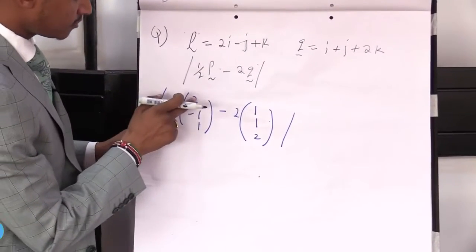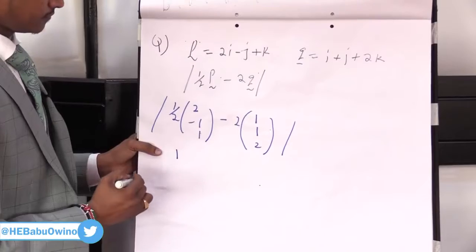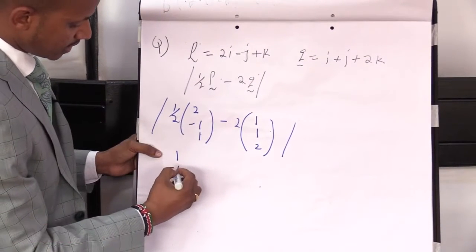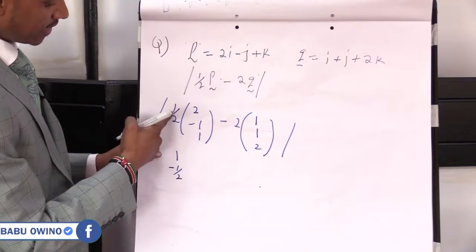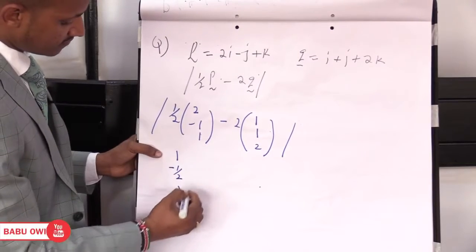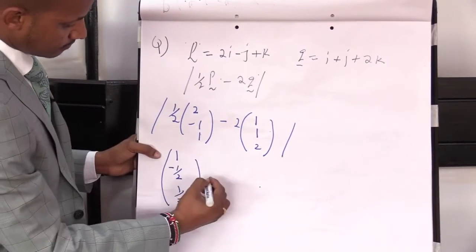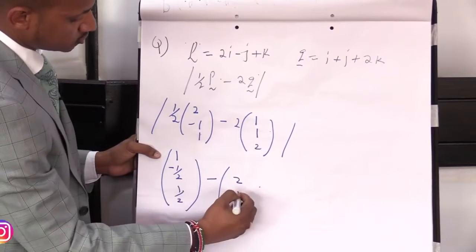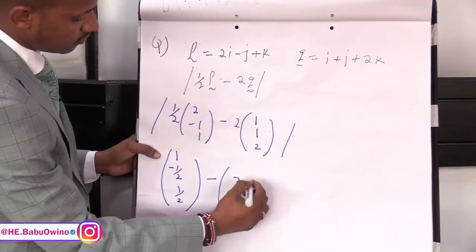A half times 2 is 1. Then a half times minus 1 is minus a half. Then a half times 1 is a half. Minus 2 times 1 is minus 2. Minus 2 times 1 is minus 2. Minus 2 times 2 is minus 4.